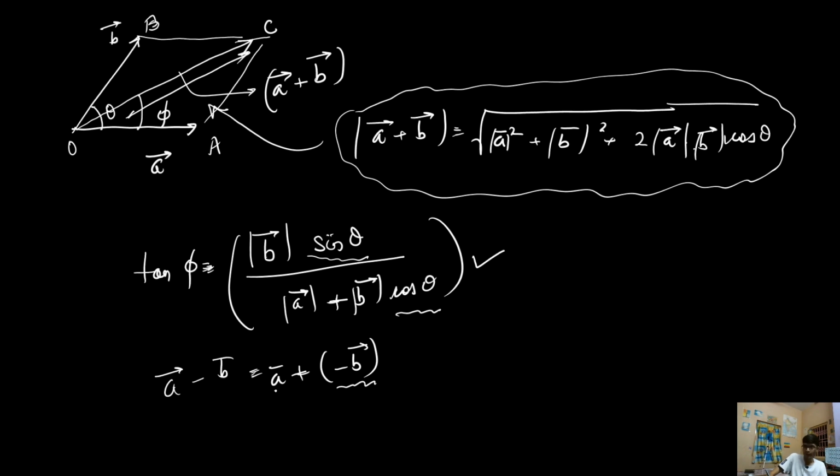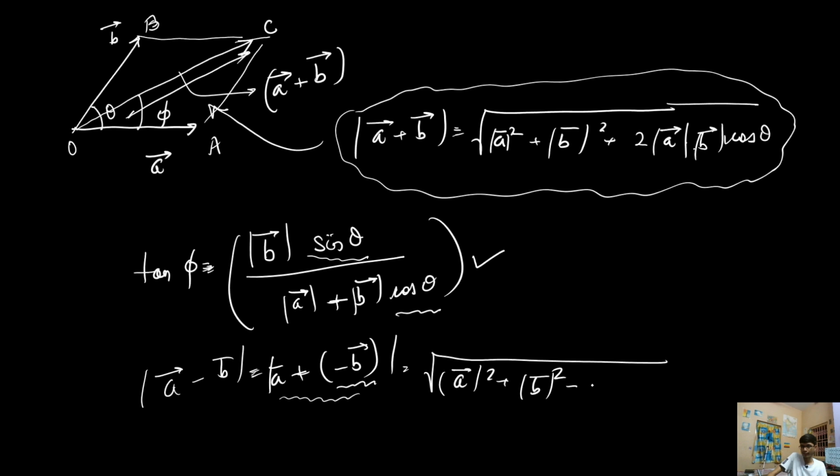So if I add this vector with the negative and represent the magnitude, the result doesn't change, only a negative sign comes in that you have to take care of. In this case, a negative sign is introduced: the modulus of a vector and the modulus of b vector multiplied by cos theta. So from here we see that there is a negative sign involved in this particular case.